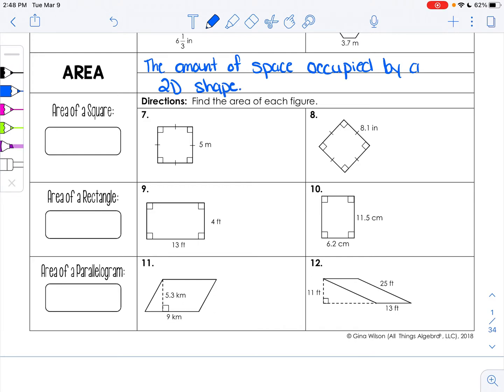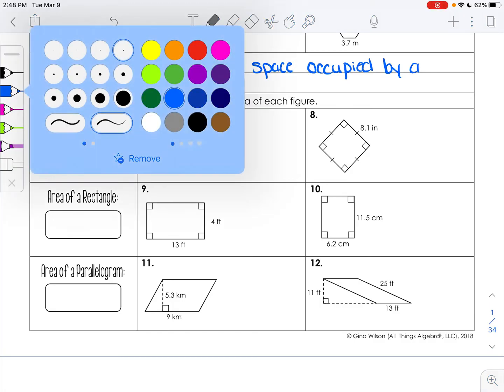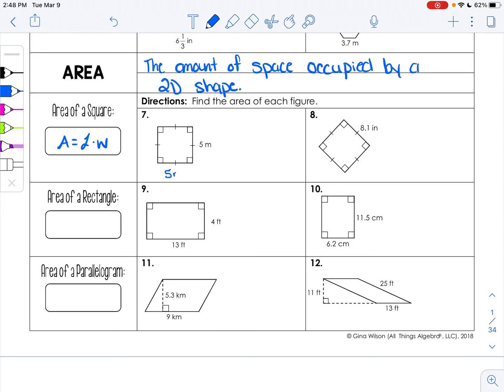So there's a couple ways we can find area. First is the area of a square. The area of a square can be found by multiplying the length times the width. So for number 7, we can multiply, since it's a square, it's 5 meters by 5 meters.